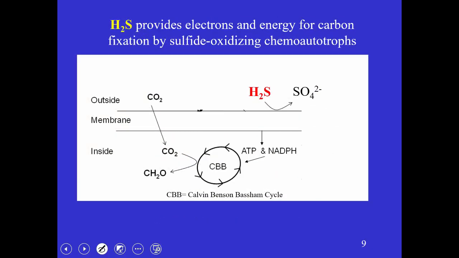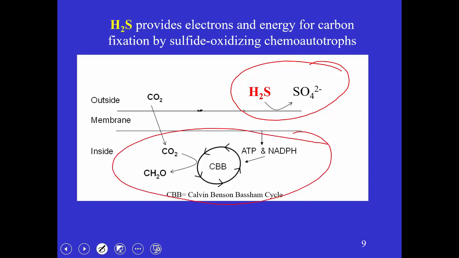So the same thing is happening with these hydrogen sulfide oxidizing bacteria. The huge difference, of course, is there's no sunlight, there's no pigments involved, but there are membranes involved. That's not too crucial for you to know now, but what is important for you to know is that hydrogen sulfide is a source of not only the energy, but also the electrons that are needed for carbon fixation by these organisms. And again, the same Calvin-Benson-Bassham cycle, or Calvin cycle for short, is used by both sets of organisms.